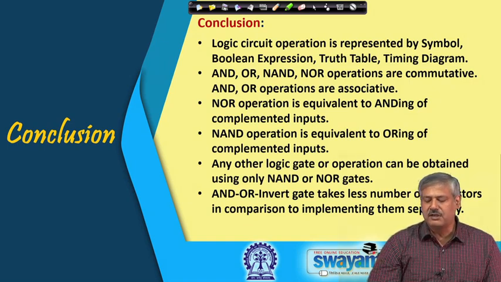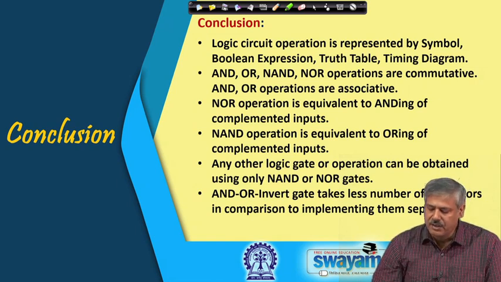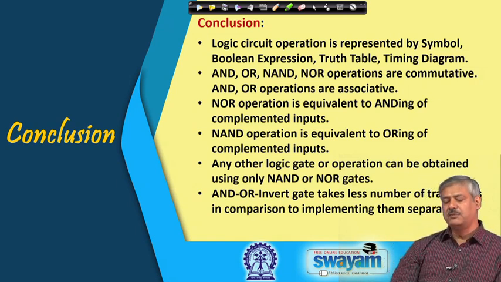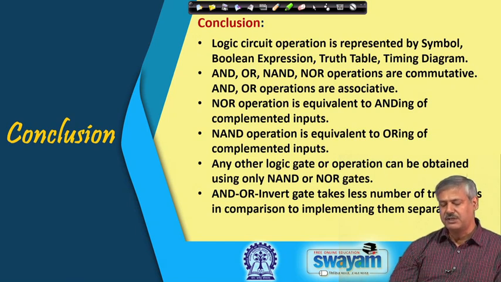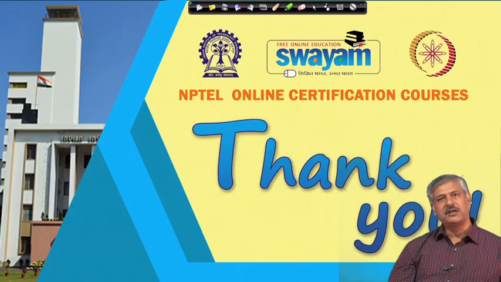NOR operation is equivalent to ANDing of complemented inputs. De Morgan's theorem we have seen one version. NAND operation is equivalent to ORing of complemented inputs, another De Morgan's theorem. Any other logic gate or operation can be obtained using only NAND or NOR gates, which is the universality of these two gates. And AND-OR-Invert gate takes a lesser number of transistors in comparison to implementing them separately, which is useful in many cases. Okay. Thank you.